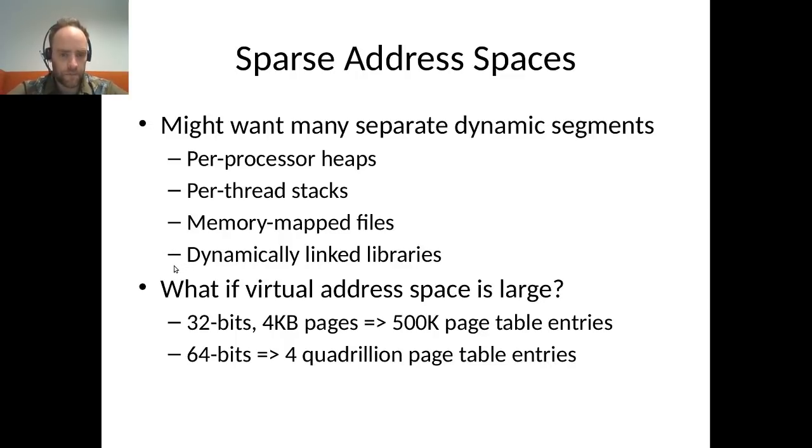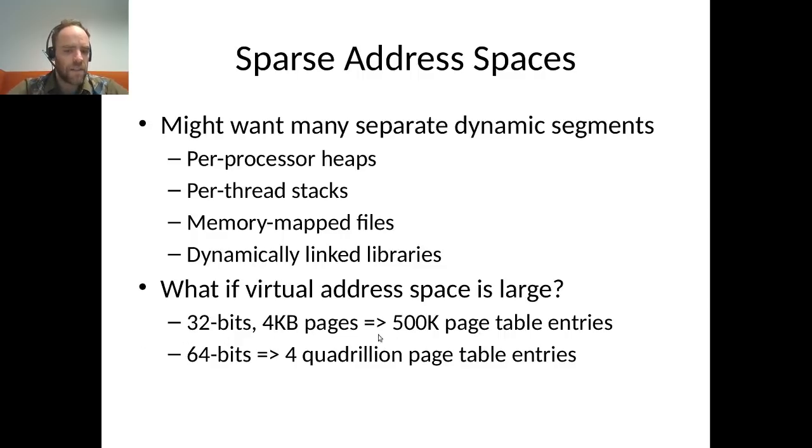The other issue is what if the virtual address space is very large? In the case of 64 bits, for example, if we have a 4 kilobyte page size, we might have 4 quadrillion page table entries. That's obviously going to be a lot of overhead for our memory system.